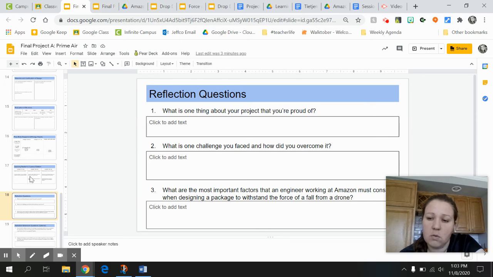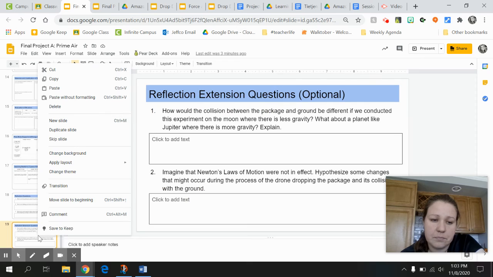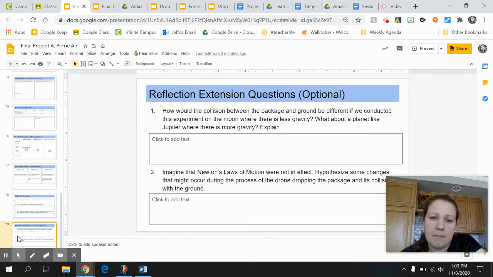And then in order to score advanced, in the reflection part, there are a couple extension questions that extend your thinking. Think about, if this package was being dropped somewhere else, not on Earth, but where there might be less gravity, how would that differ? Or if Newton's laws weren't in effect, if Newton's laws aren't true, how might that affect the package being dropped? So really extending your thinking.